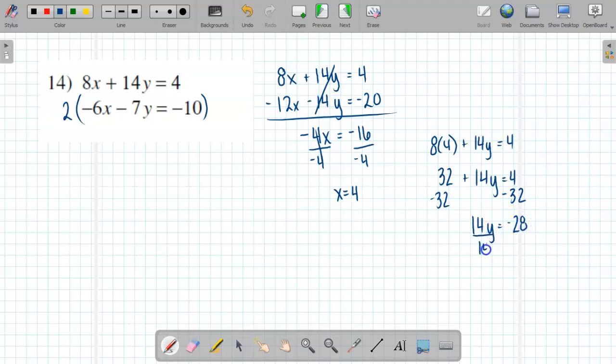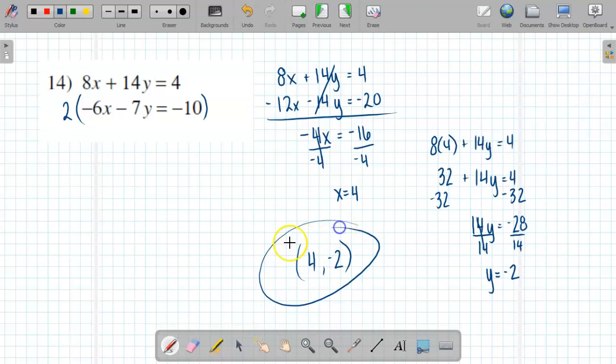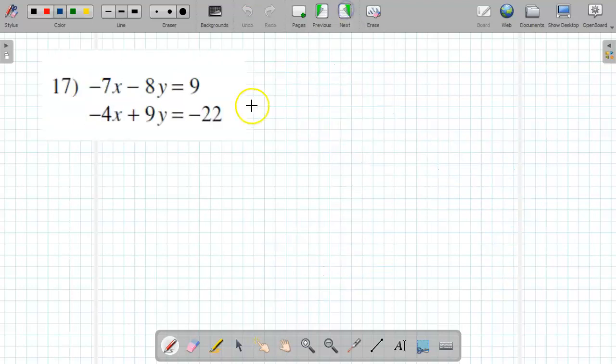I'm going to divide by 14. And so y equals negative 2. And then that means the answer to this problem is 4, negative 2.